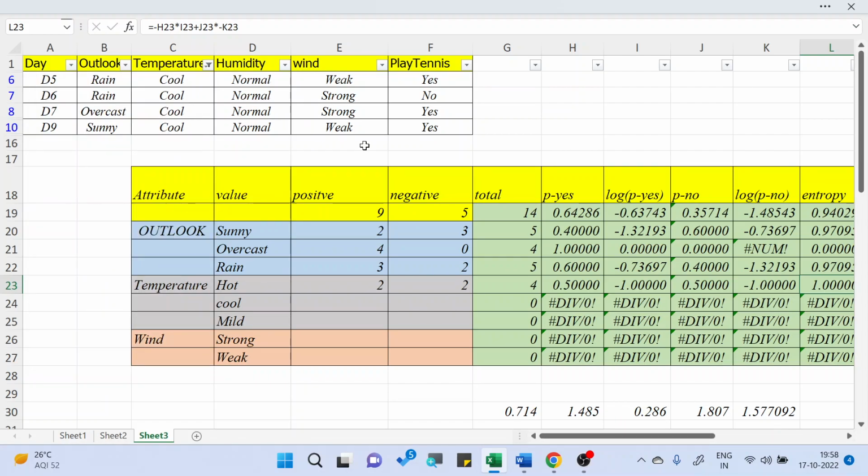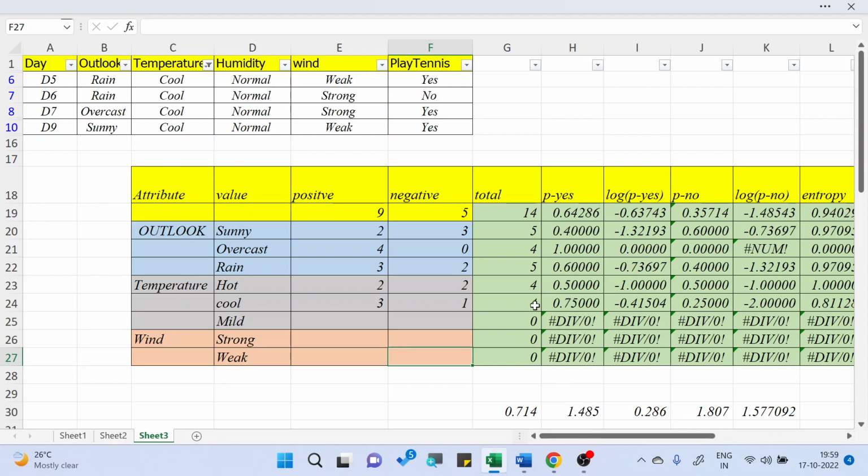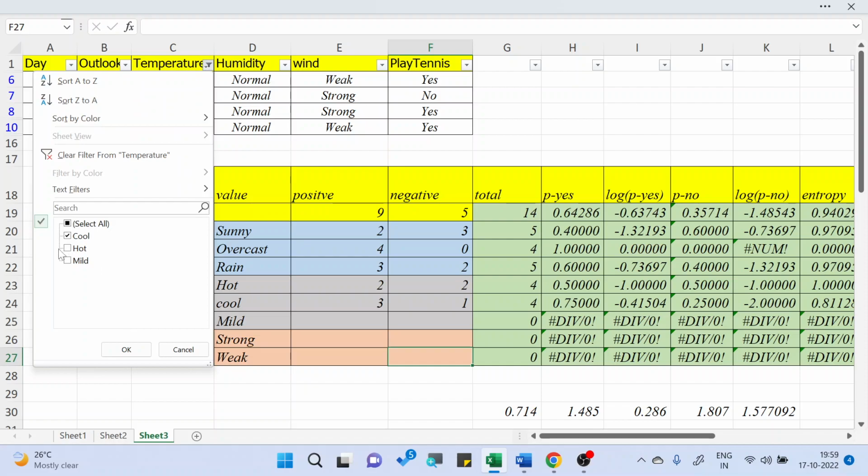Cool, again 4 examples, 3 are yes, 3 positive, 1 negative. The entropy is 0.811. How many examples? 4 examples. Then the third one, mild.